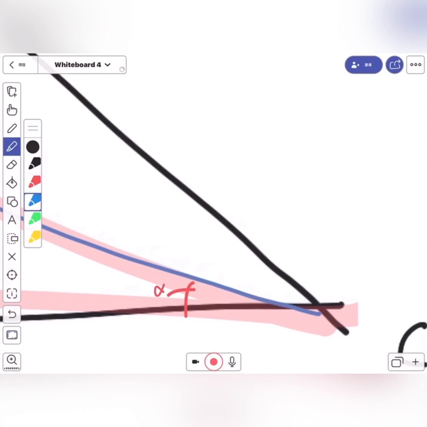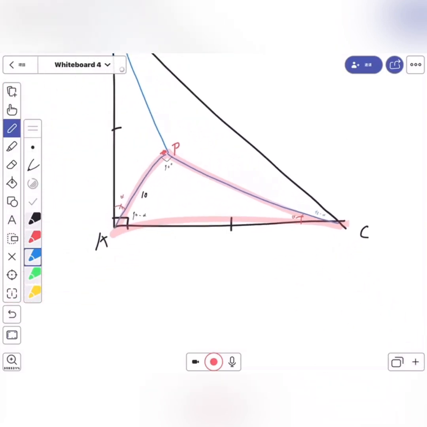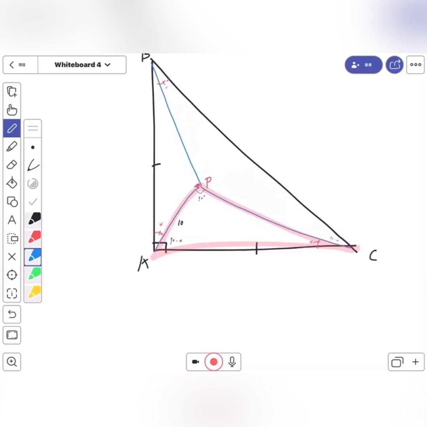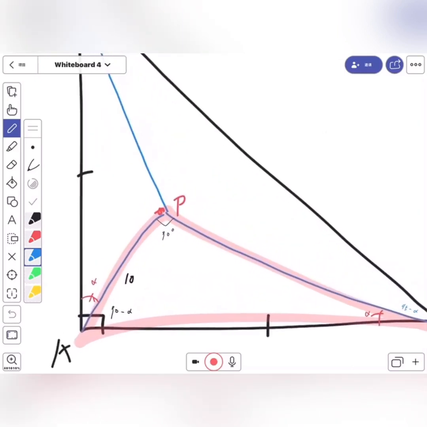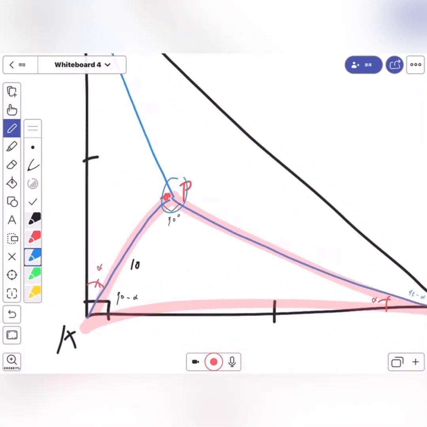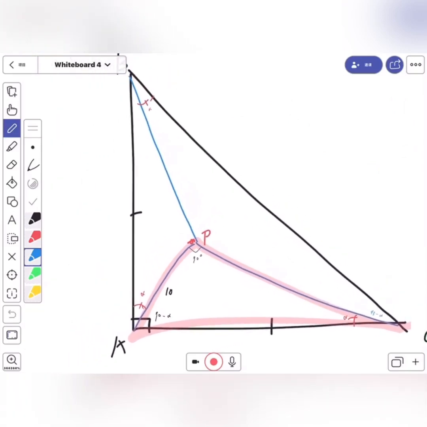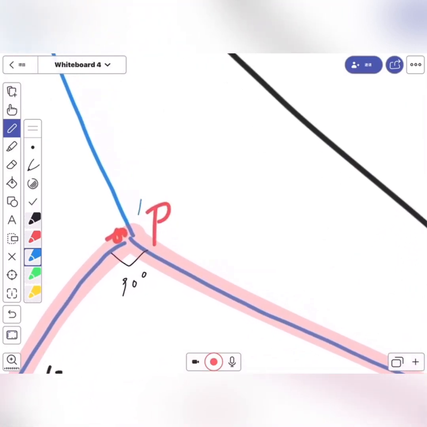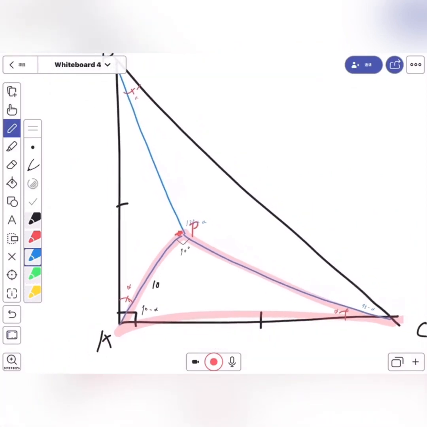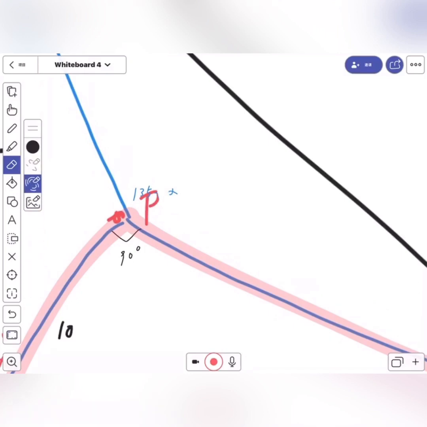Now, if we look at this angle, oopsies, this angle is 45 degrees minus alpha, because we know that angle C is indeed a 45 degree angle. And now, if we look at the angle BPC, that angle is equal to 135 plus alpha. No, that angle is indeed equal to 135.